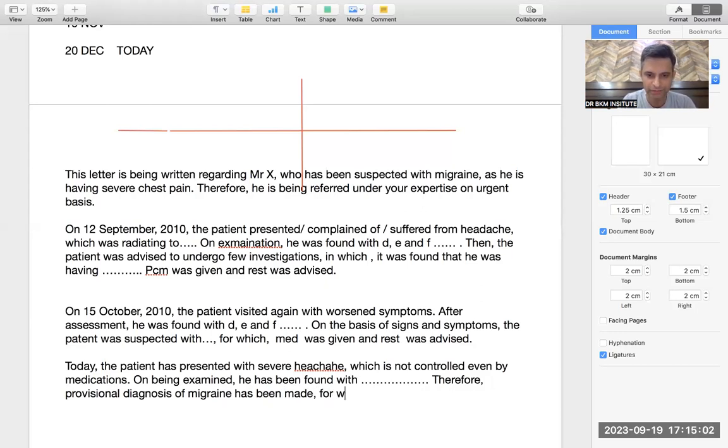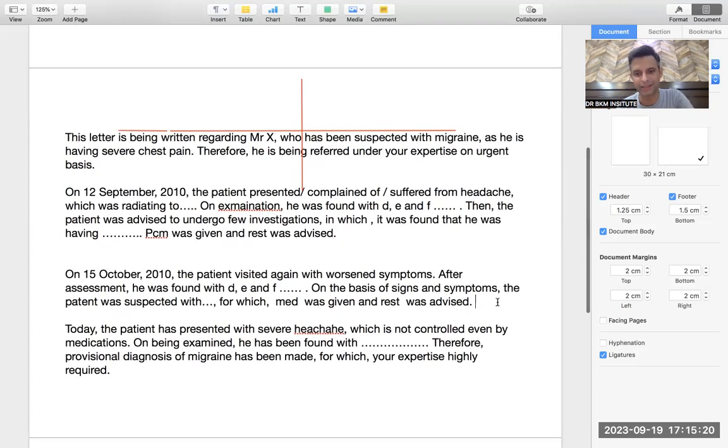For which he is being referred to you, for which your expertise is highly required. So that is where I end my letter. That's it. Visit letter is all done. That is how simple visit letters are.